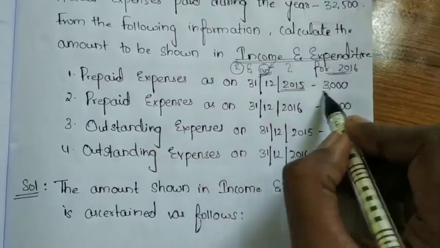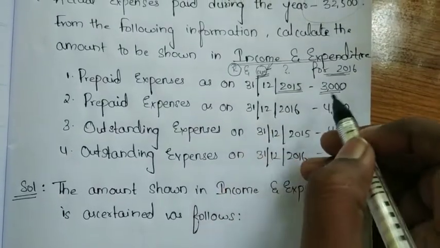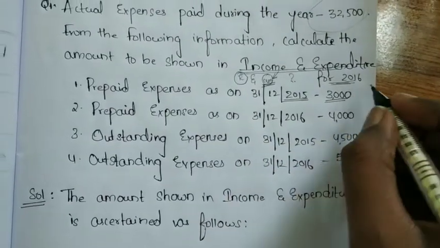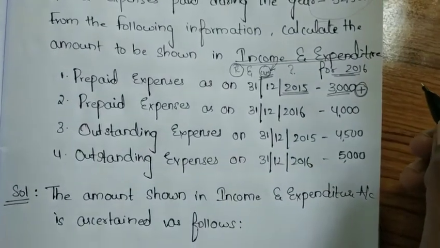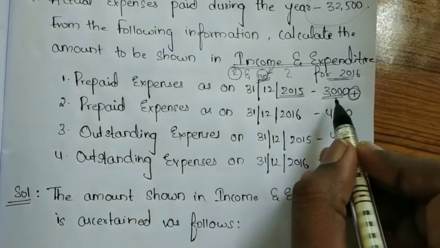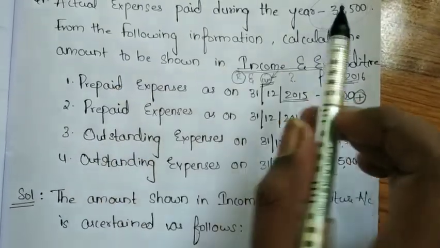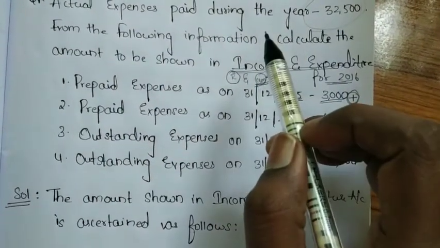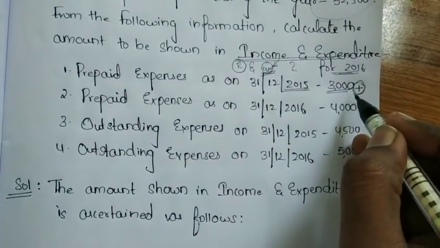That means these expenses are paid for the year 2016, so we have to take this under consideration and add this amount. Why we add this amount: this 3,000 expenditure is regarding 2016 only, so this 3,000 should be added.